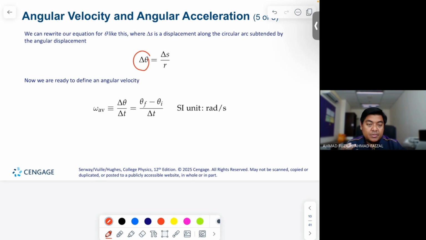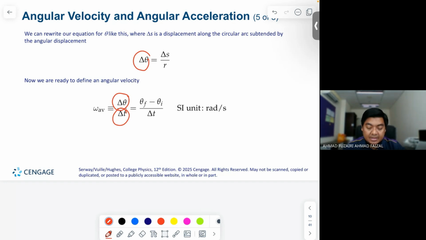Now we want to relate our terms to angular velocity. So the angular velocity is based on delta t, which means the angular displacement divided by delta t, the delta theta over delta t.